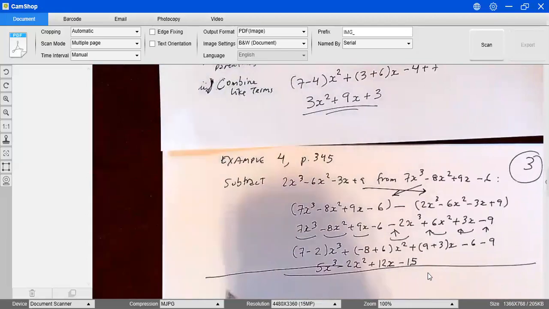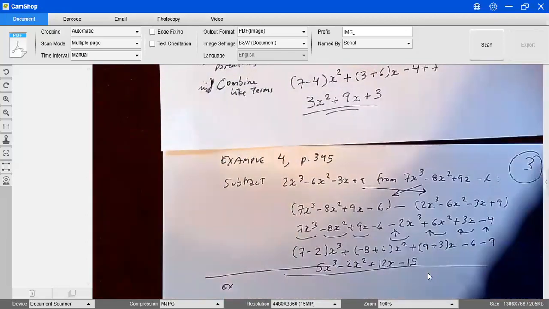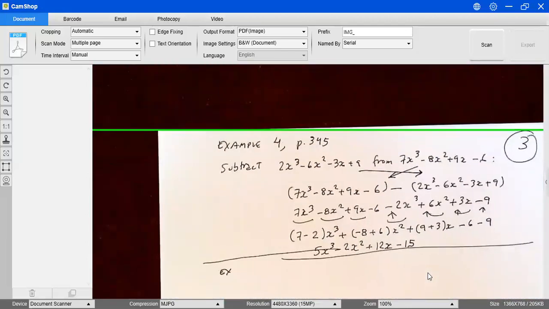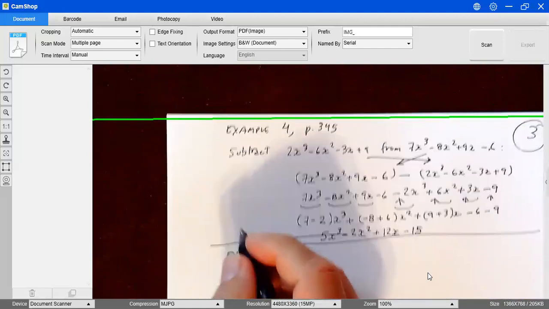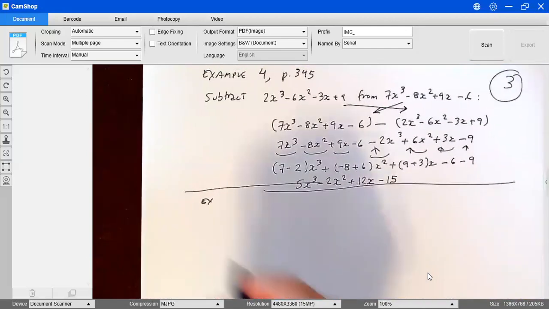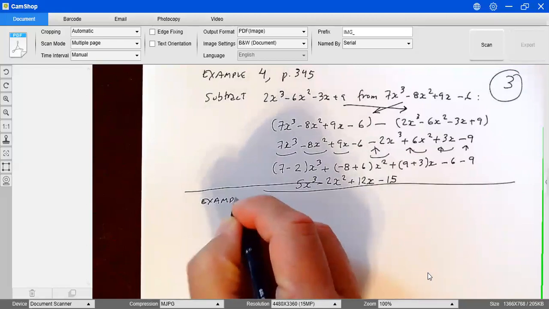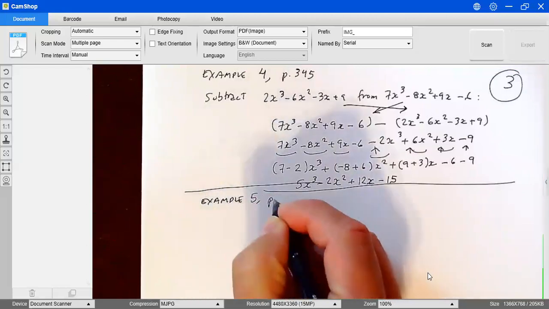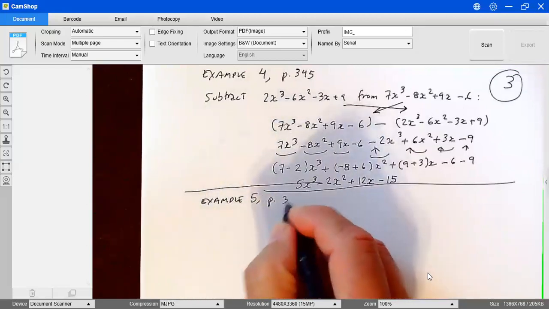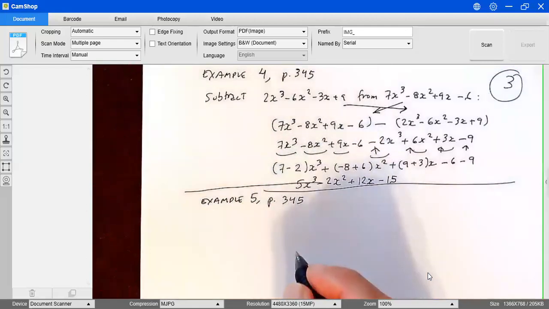Okay, so now example 5. I'm gonna write here example 5 on page 345.